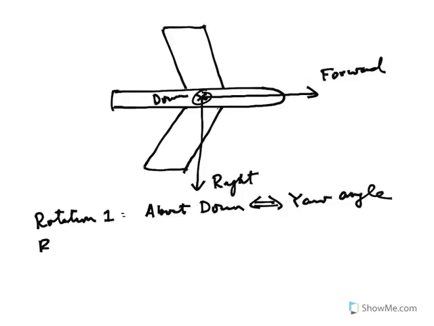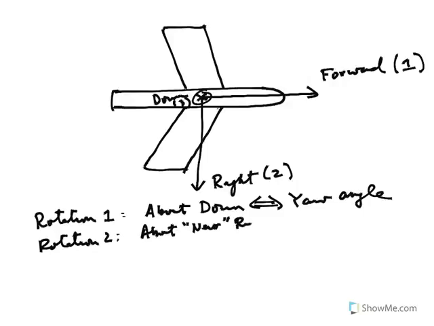The second rotation: forward is x, we'll call that 1, right is 2, and down is 3. So the first rotation is 3. We're doing 3, 2, 1, right? Then you rotate about 2, and that rotation is about the new right direction. That angle is also what's known as the pitch angle.